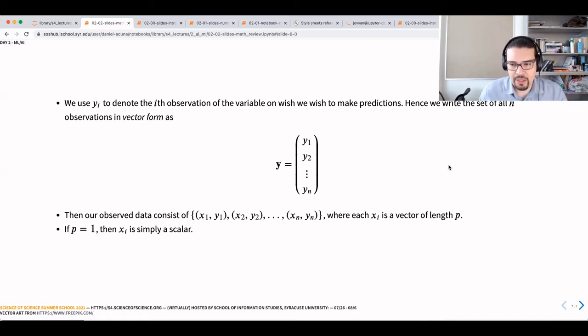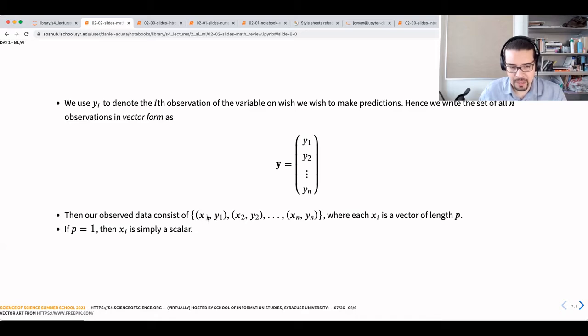So when we talk about data, if I say we have a data set of n data points, I will mean that I will have a set of pairs. Okay, so this is in the supervised learning setting. I will have pairs of data points where I will have the features for each of my data points paired with an outcome that I want to predict.